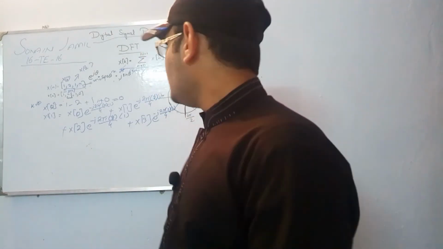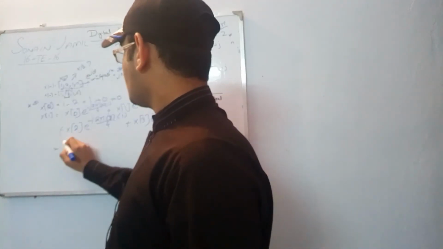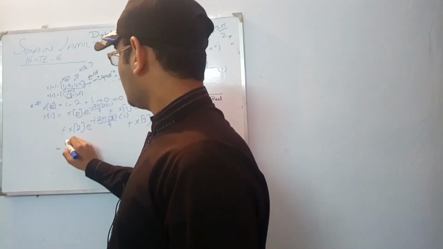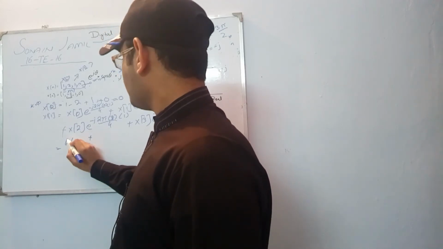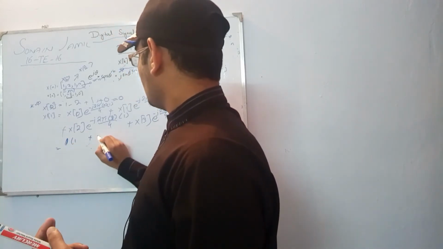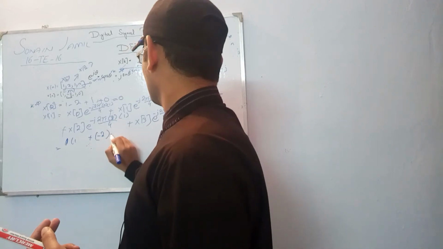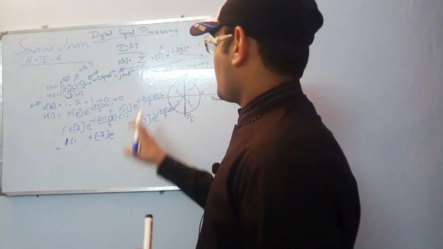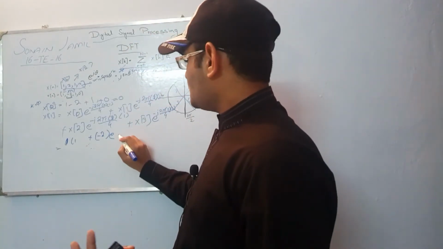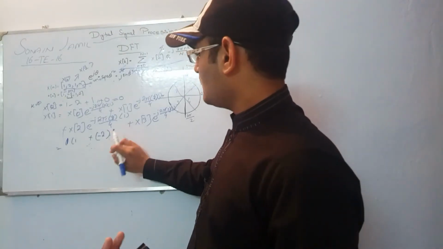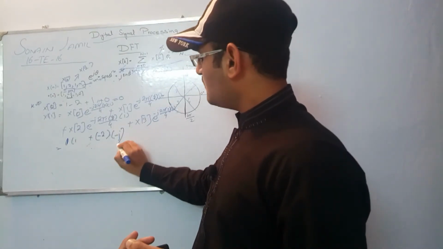So what will be the answer of this one? Just 1 into 1 plus minus 2 into e power minus j pi by 2, which is minus j.